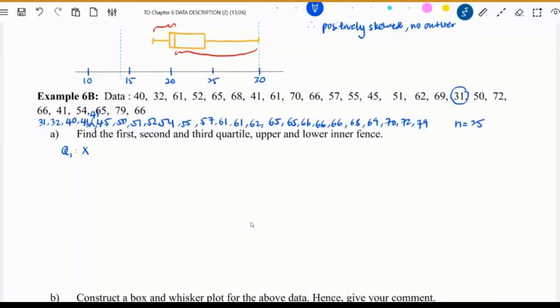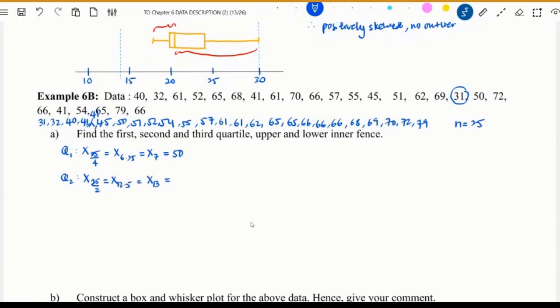Okay. Alright, so we have 25 over 4. So obviously we're gonna have the decimal. So we're gonna have x7. So your x7 will be 2467, which is 50. And then second quartile, which is 25 divided by 2. So we have as observation 12.5. So we round up to 13th observation.